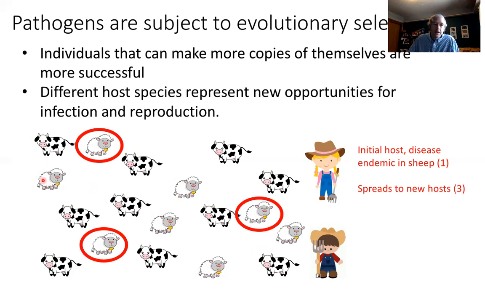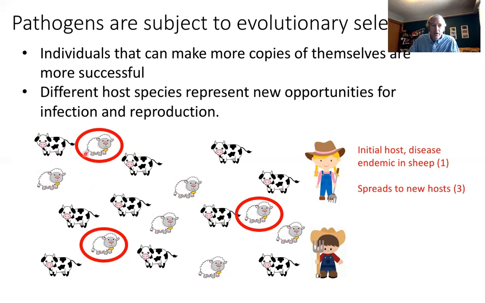Or some individuals within the species might just have some natural innate immunity to this because the disease has existed in this species for a long time. So as a result, some of the sheep have a natural resistance to it because they've had the chance to evolve a natural resistance to it.